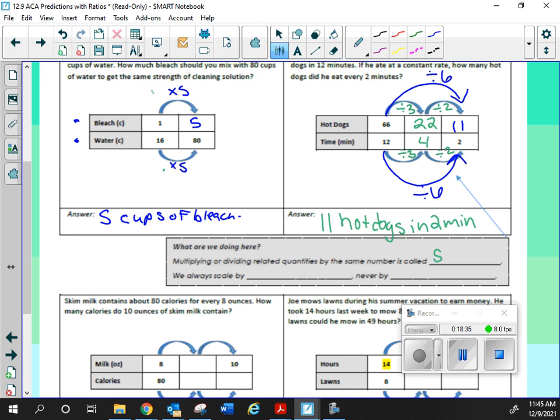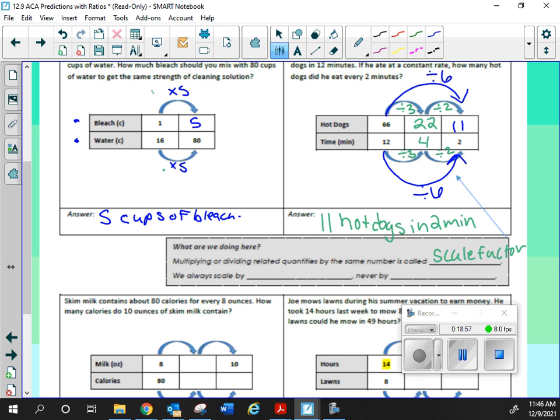That is my scale factor. Again, you can scale up, you can scale down. Factor means what operation? Multiplication.